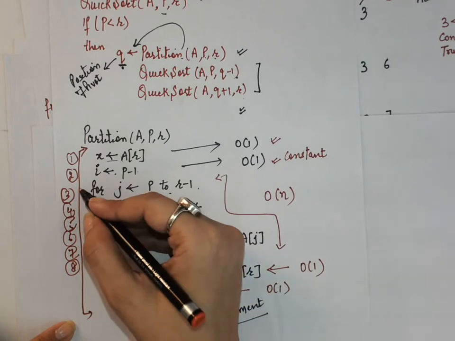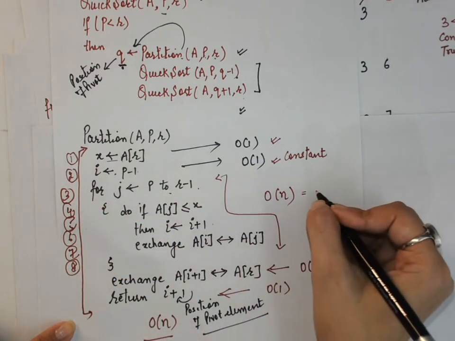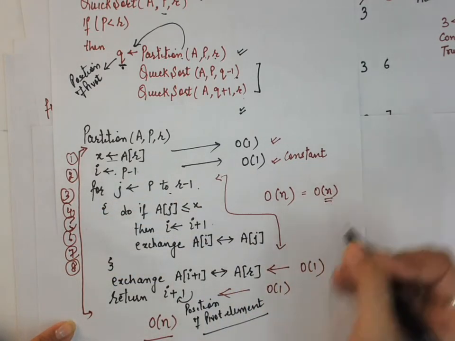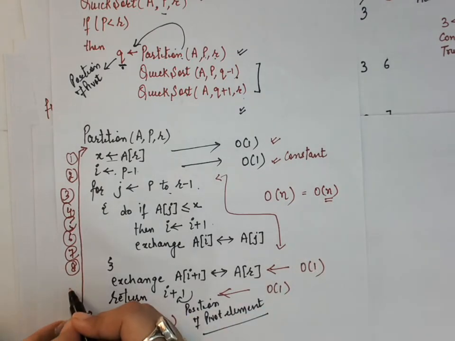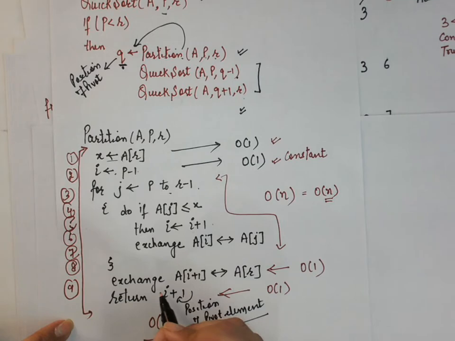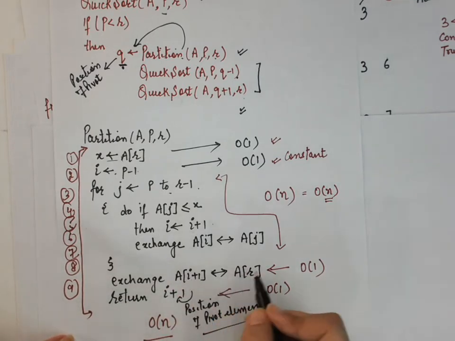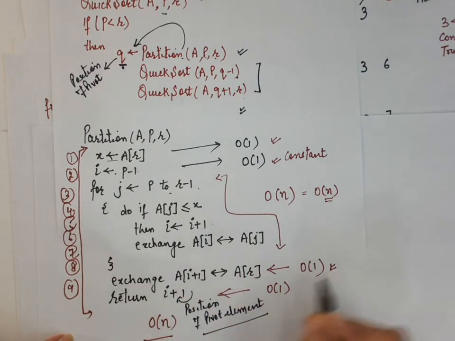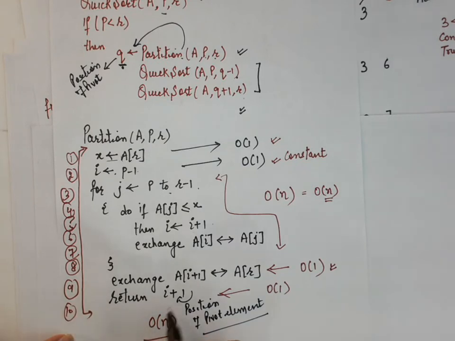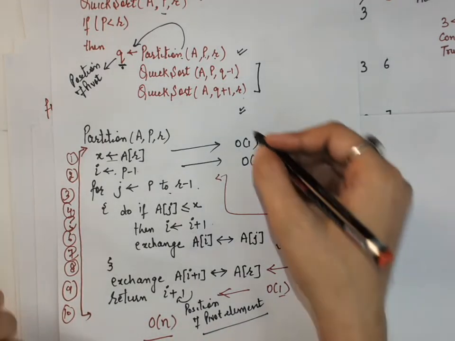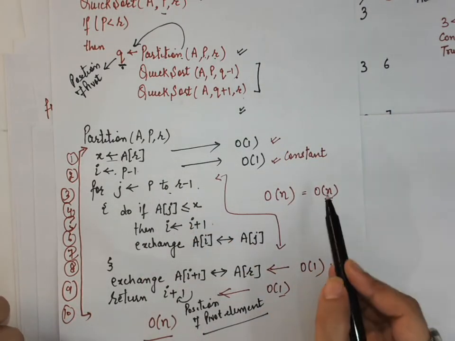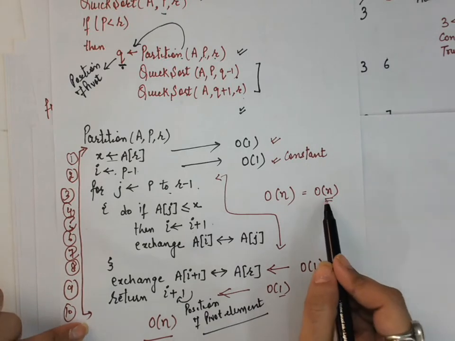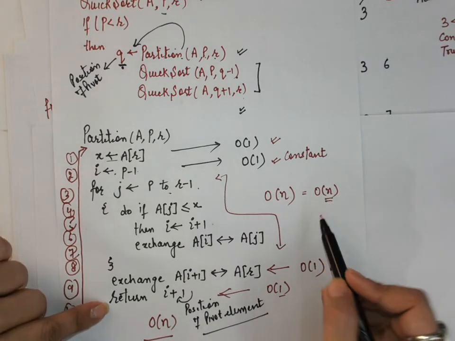So from 3 to 8 the time will be big O of n, n comparisons. In line number 9 we are just swapping two variables, so complexity would be constant. And in line number 10 again we are returning a value, so complexity would be constant. So the total complexity of this partitioning algorithm is equal to big O of n.